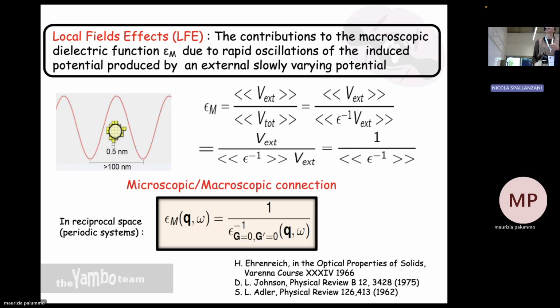Because you have to average these two quantities, you can factorize, and at the end the macroscopic dielectric function is nothing else than the average of the microscopic inverse dielectric function. And this is the equation that yesterday you applied in the second tutorial. So you have to take into account that local fields in general have to be included if you want to calculate a macroscopic quantity. And this is what you want to do, okay?